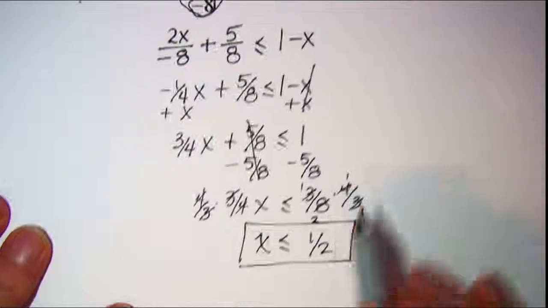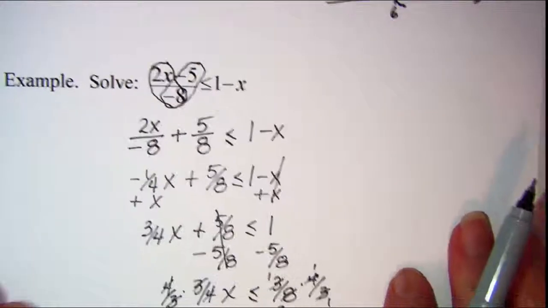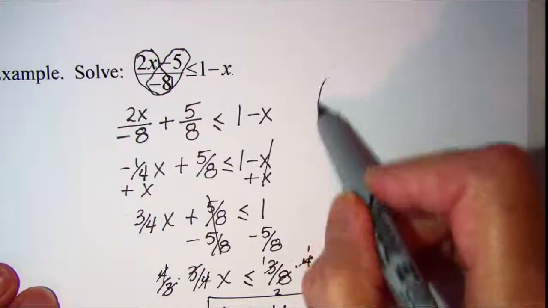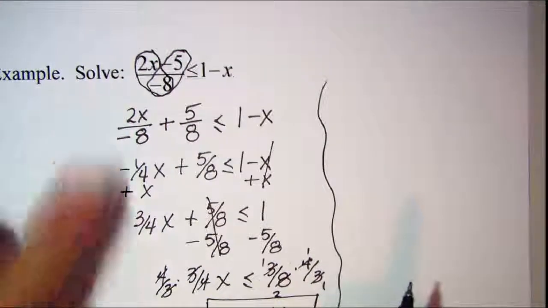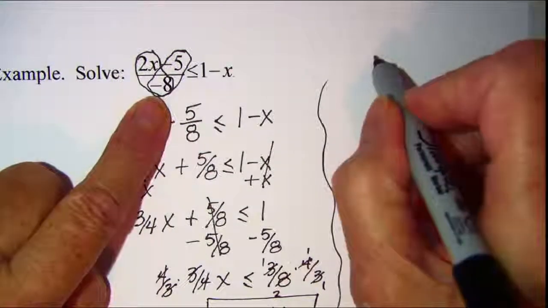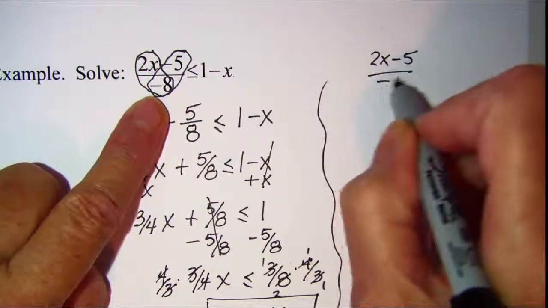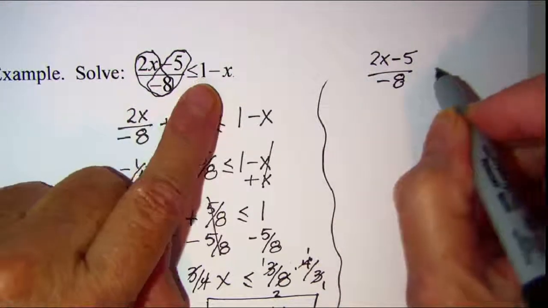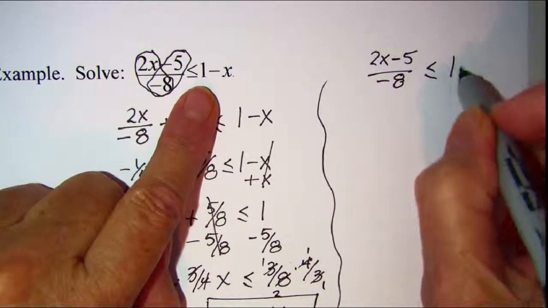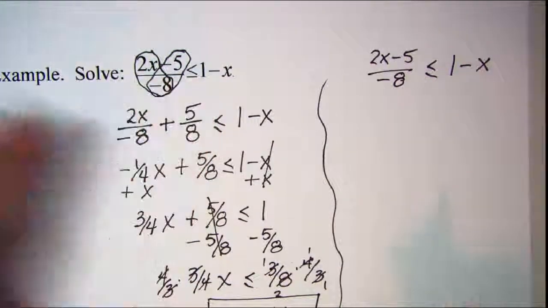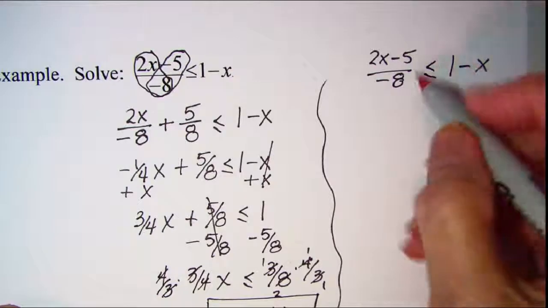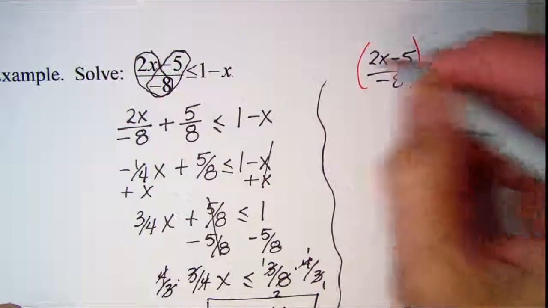Let me show you this inequality the other way as well. If I start with 2x minus 5 over negative 8 is less than or equal to 1 minus x. This time I'm going to multiply both sides by negative 8.